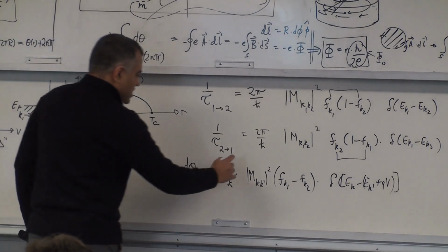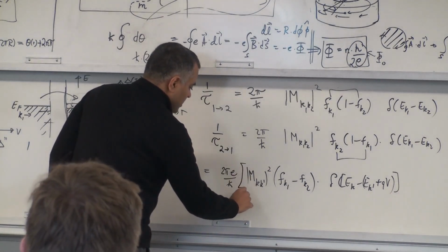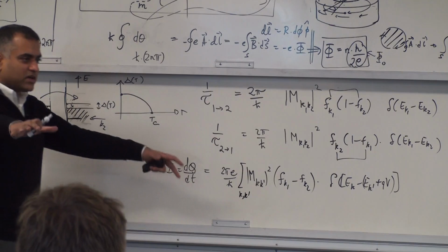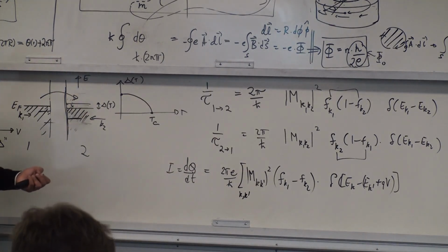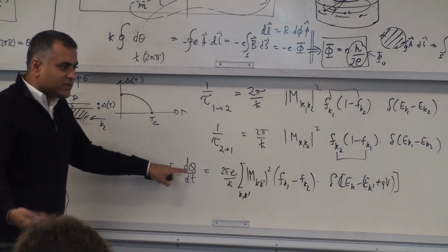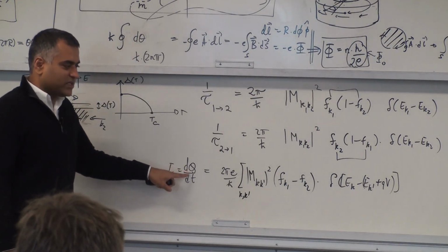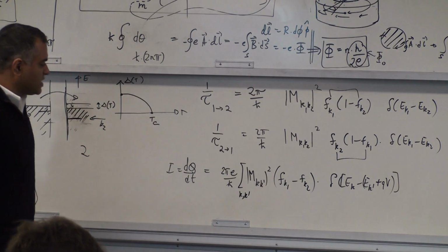And this you must sum over all k's and all k primes to get the total current, because these are all possible transitions. And this is the golden rule way of writing current. Current is charge, rate of change of charge, and this is really one way to think about it. And this is a very general relation.